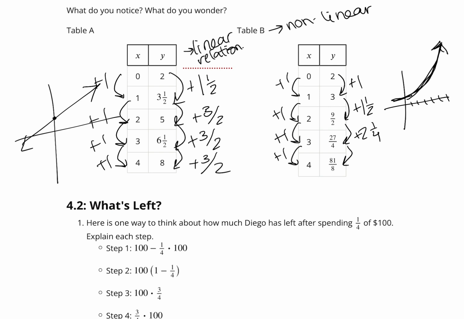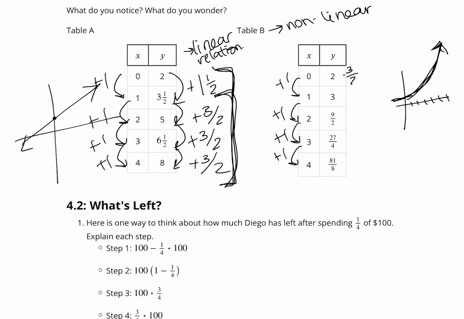And in fact, you might have noticed that just as we are adding 3/2 to our y values in table A, we are actually multiplying each of our y values by 3/2 in table B. 2 times 3/2 is 3. 3 times 3/2 is 9/2. 9/2 times 3/2 is 27/4.